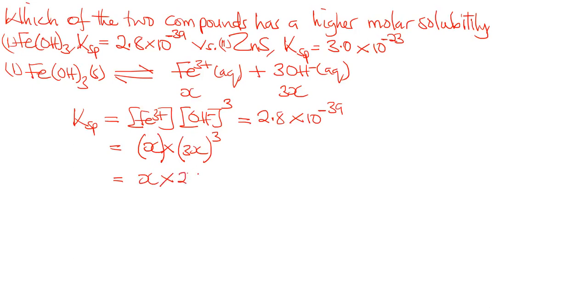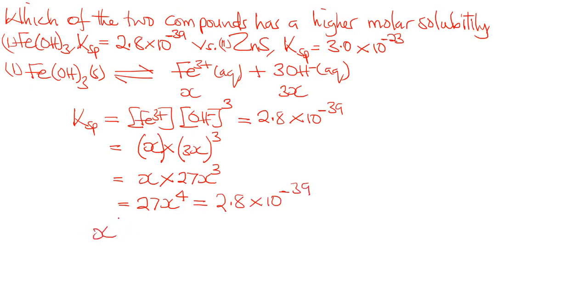So 27X cube. So finally we'll have 27X to the power 4 is equal to the KSP, which is 2.8 times 10 to the power negative 39.